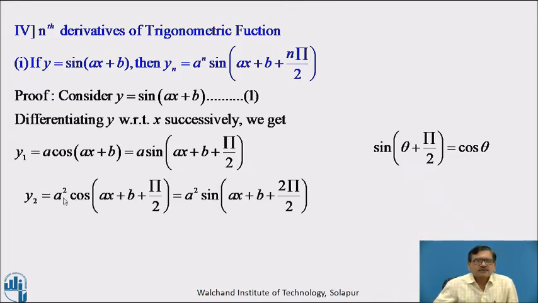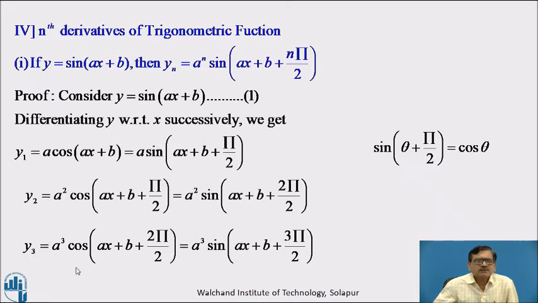Now again differentiating this with respect to x, y2, the second derivative, is a into a, that is a square cos(ax plus b plus pi by 2), which you can write again as a square sin(ax plus b plus pi by 2 plus pi by 2), that is 2 pi by 2. This was the second derivative of sin(ax plus b).